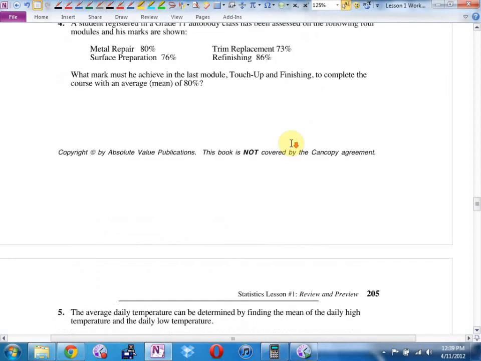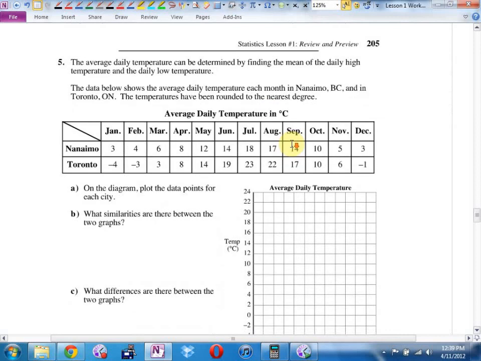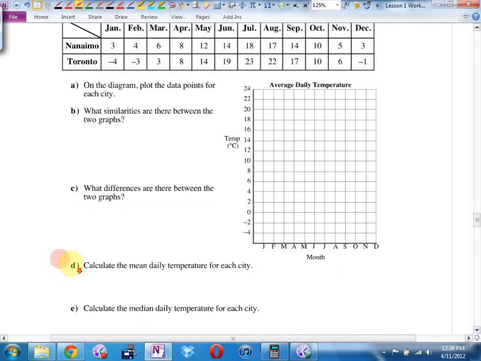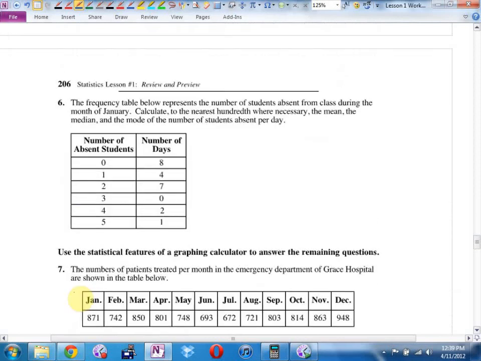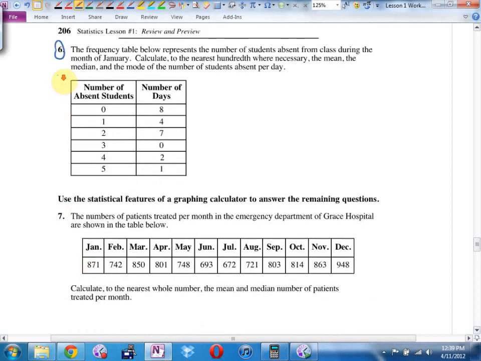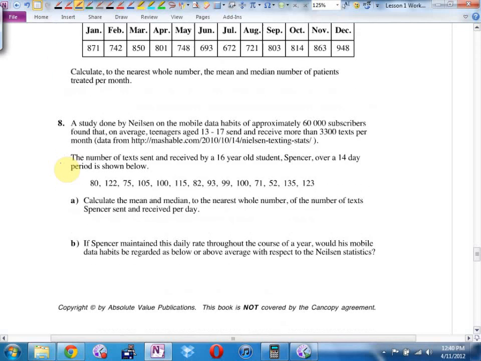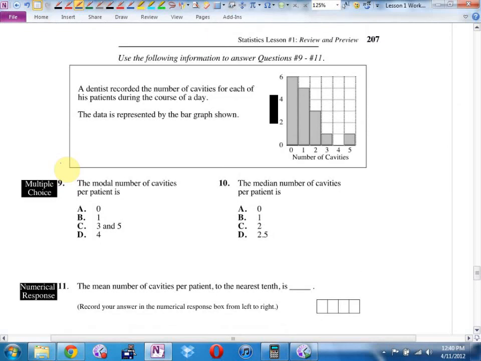So 1, 3, 5D and 5E. 6, 7. Now, we used a frequency table.